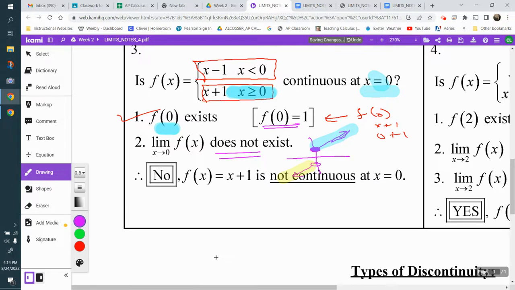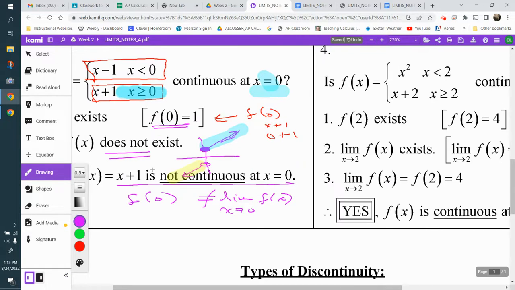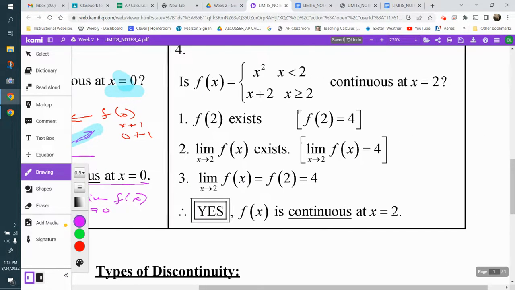Now, here's my therefore. No, it's not continuous at x equals 0. Why? Because f of 0 does not equal the limit as x approaches 0 of f of x.